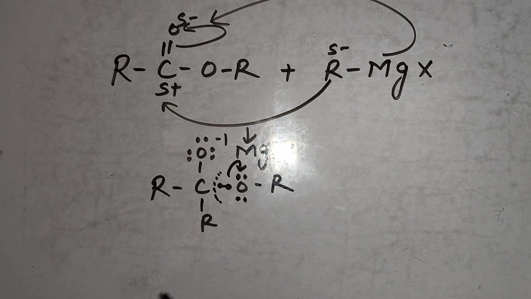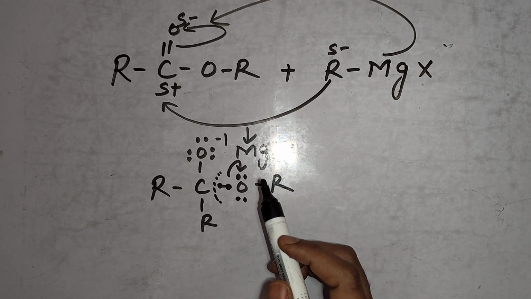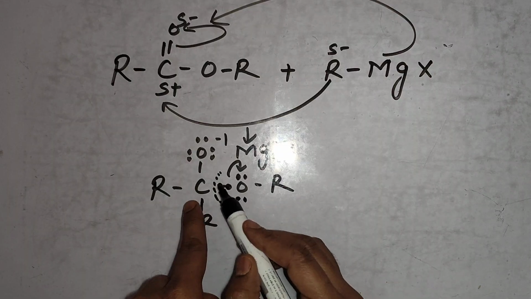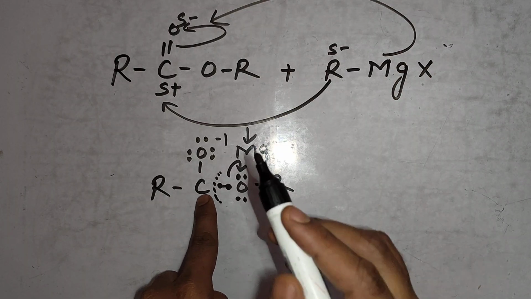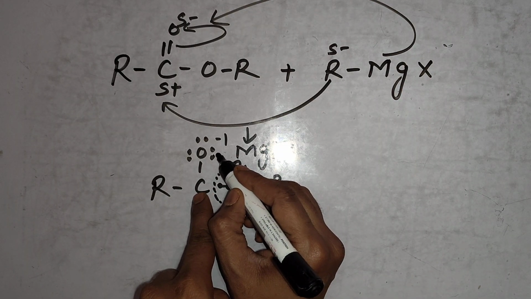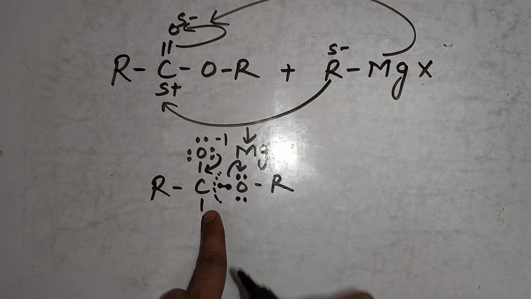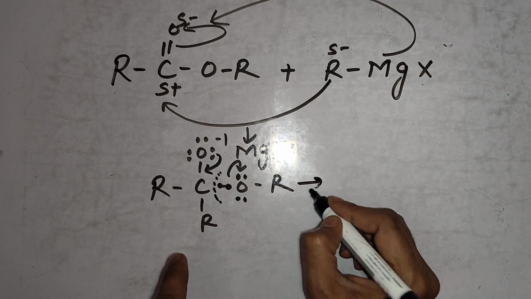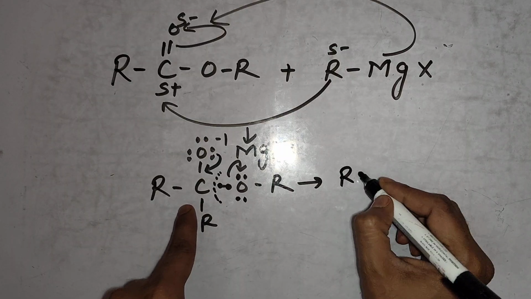This oxygen is breaking bond from carbon, and obviously the electronegativity of oxygen is more than carbon, so electrons will go toward carbon. A vacant orbital will generate, which will be satisfied by this pair of electrons delivered by the neighbor oxygen. So after this, don't you think we will get this?